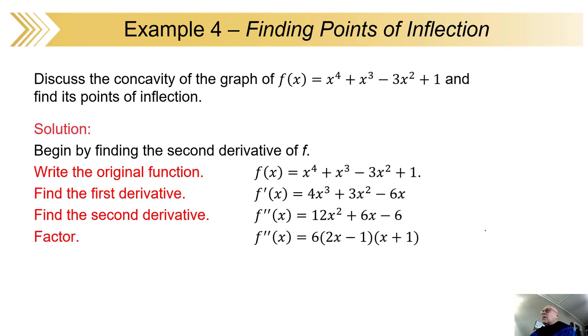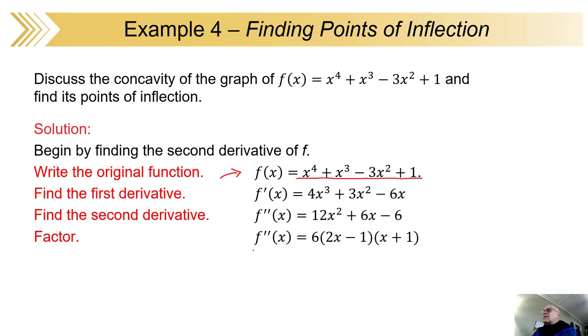Going to factor, because this is the easy way to find out which values are 0. There will not, in this case, be any undefined ones, because if you notice up here, the function itself is a regular polynomial, which means it doesn't have any undefined points. You can use any real numbers there at all. The domain is all real numbers.